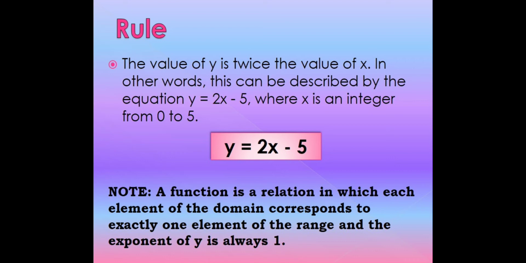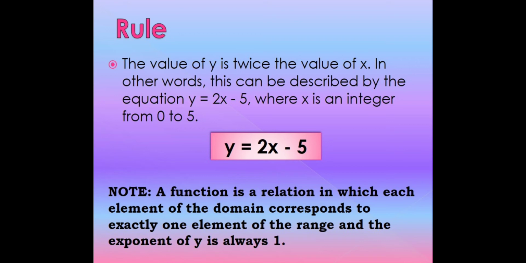So that is an example of a rule. Note that a function is a relation in which each element of the domain corresponds to exactly one element of the range, and the exponent of y is always 1. So these are the 5 representations of a relation and function.